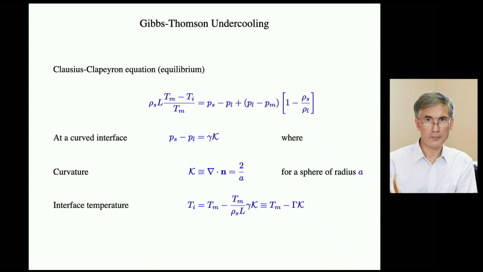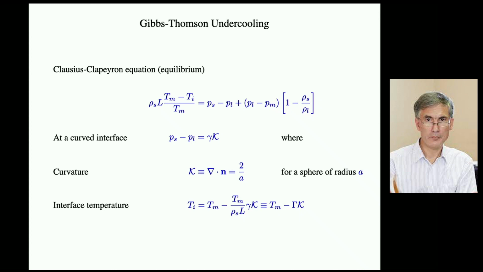It's the mass density, the solid density, the latent heat. We've got the difference between the equilibrium freezing temperature and the actual interface temperature, and that's a difference. This is the absolute temperature, Tm, measured in Kelvin. On this side, I have the pressure in the solid phase and the pressure in the liquid phase, actual pressures.